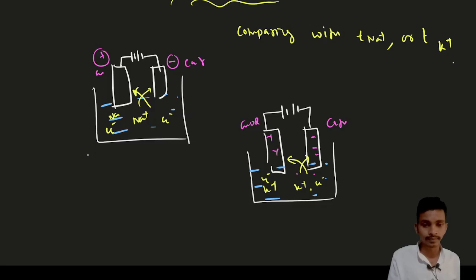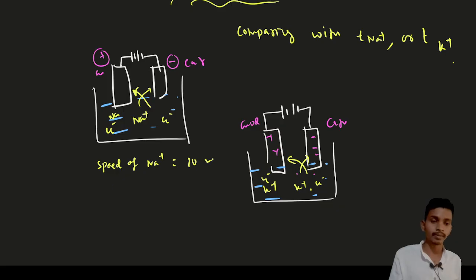So let's say the speed of Na+ is 10 meter per second, and the speed of Cl- is 5 meter per second.